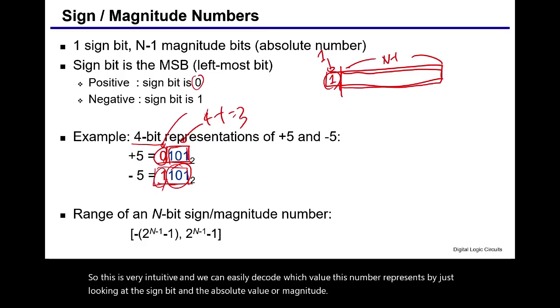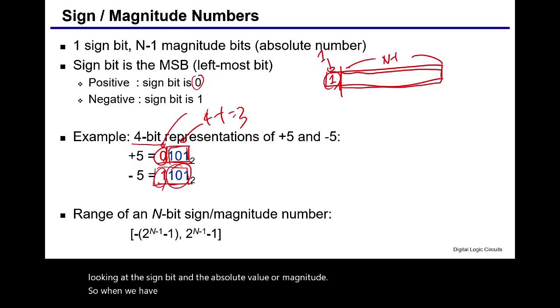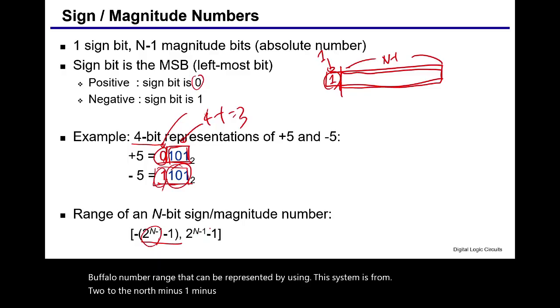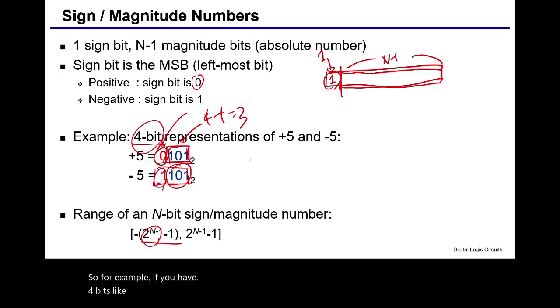So when we have this type of number representation, the possible number range that can be represented using this system is from minus 2 to the n minus 1, minus 1, to 2 to the n minus 1, minus 1. For example, if we have 4 bits, then the largest number that can be represented is 0111, which is plus 7.